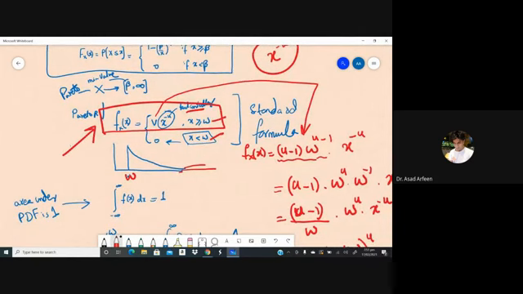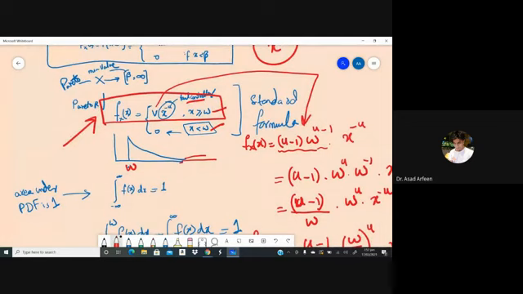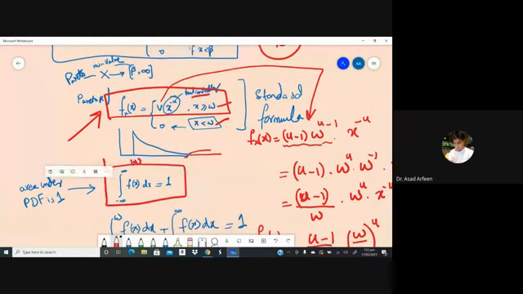And then what I did, I just applied the basic stats property that the area under the full density function is always 1. So I started from this basic property, and then I just fed in the f(x) here.